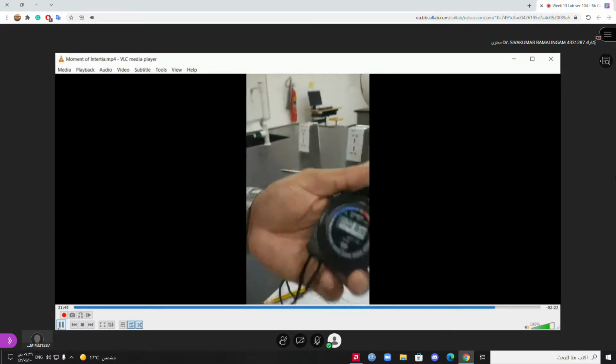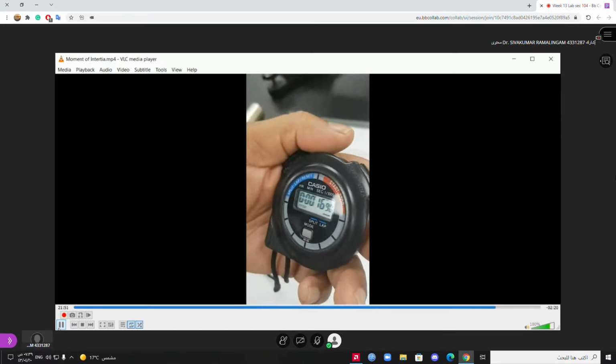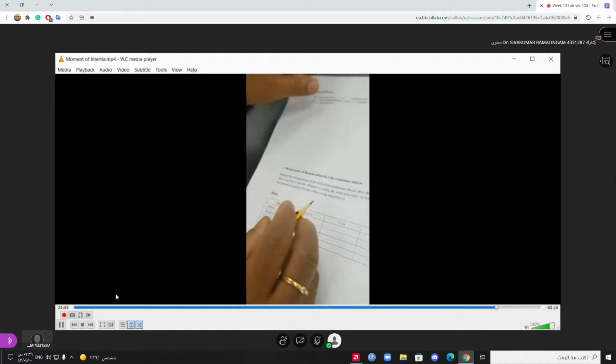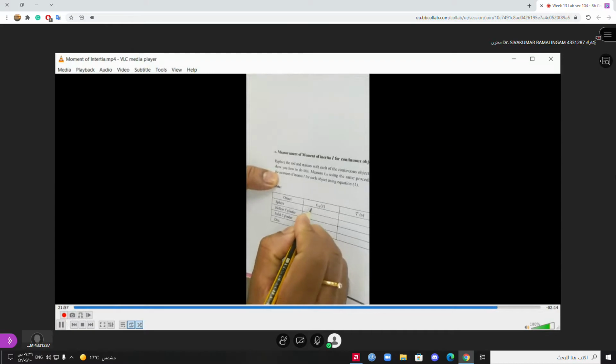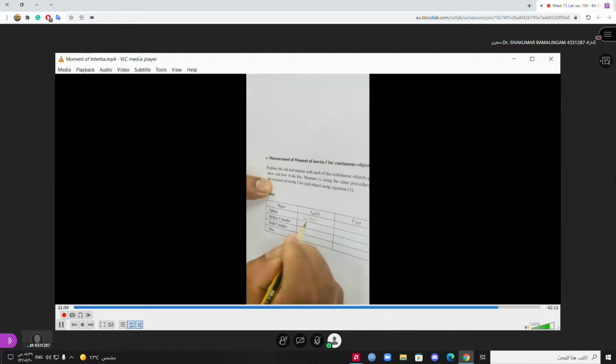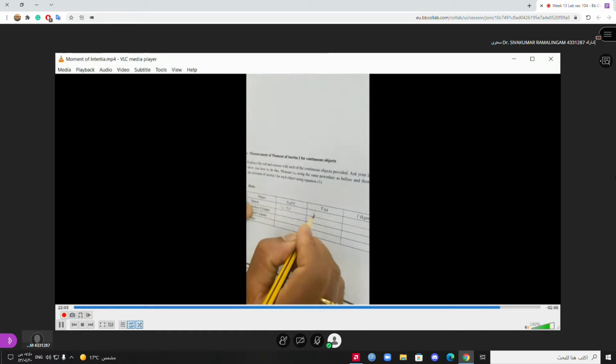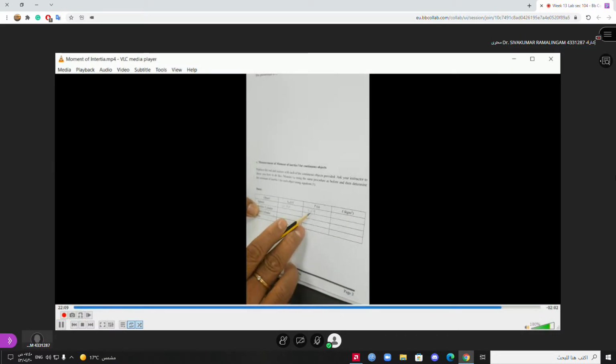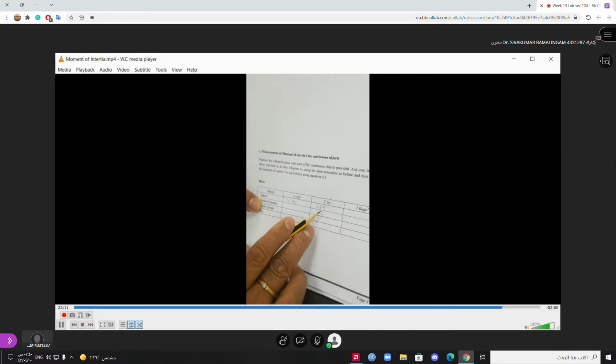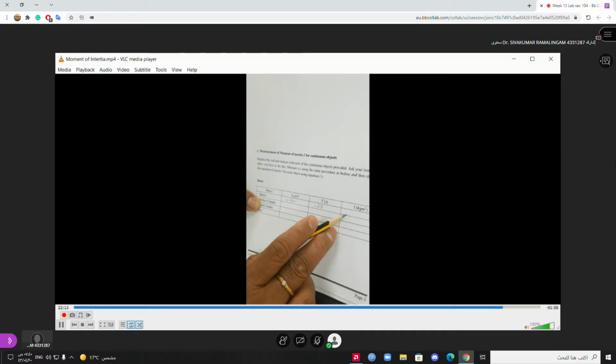I'm going to stop now. 10. The time taken for 10 oscillations is 16.90 seconds, and the time taken for 1 oscillation, dividing this by 10, is 1.69. If you substitute this value in the formula, you will get the moment of inertia for the sphere.